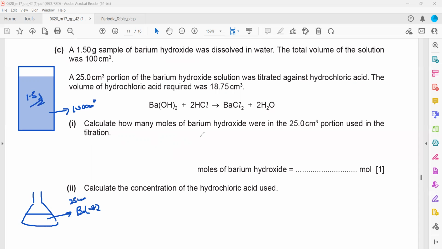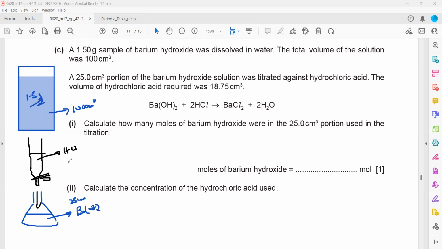And then we titrated with hydrochloric acid, which means we reacted it, or worked out the concentration by using a titration. We add some drops of a suitable indicator, and the burette is filled with HCl. That HCl is added to the barium hydroxide.